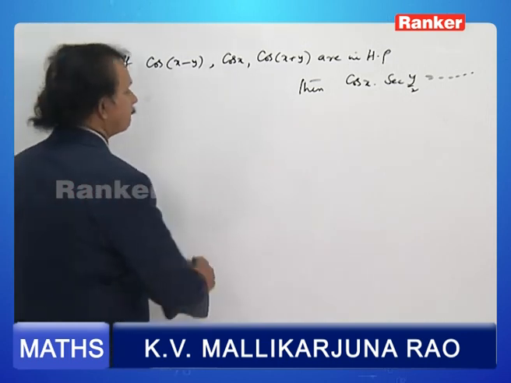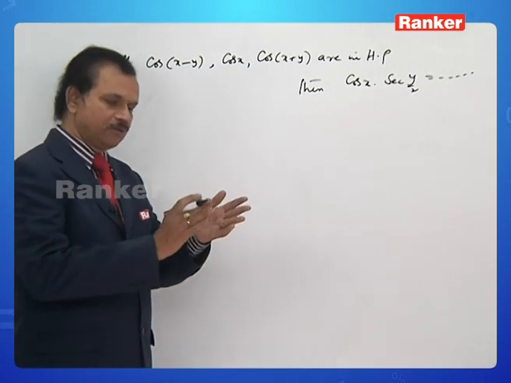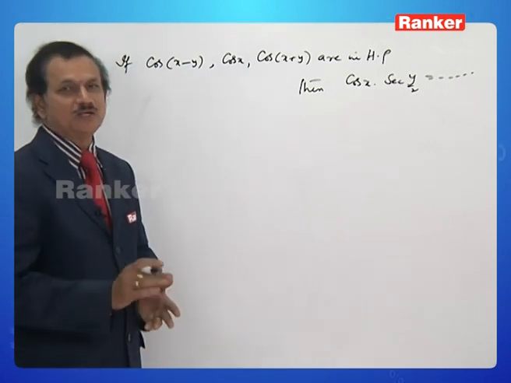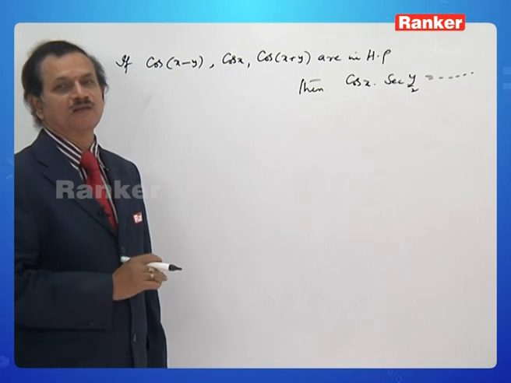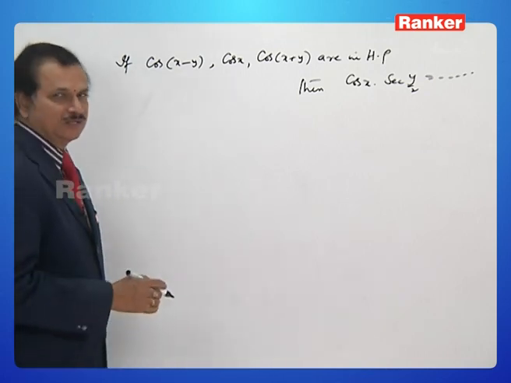Look here. Let us recall the concept of harmonic progression. If A, B, C are in HP, what do you call B? It's nothing but the harmonic mean of A and C, and it is given by 2AC by A plus C, isn't it?